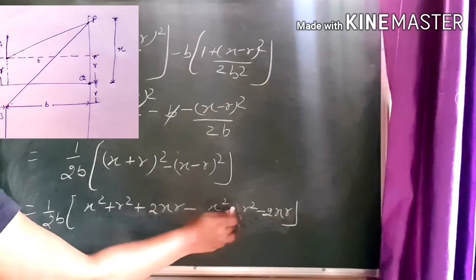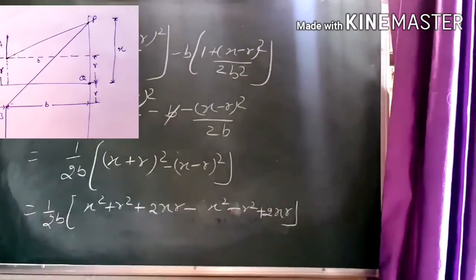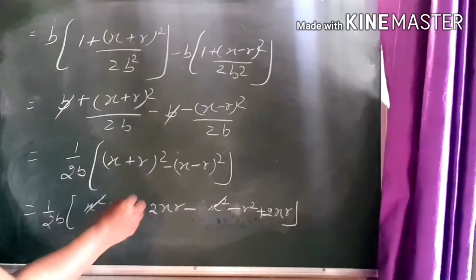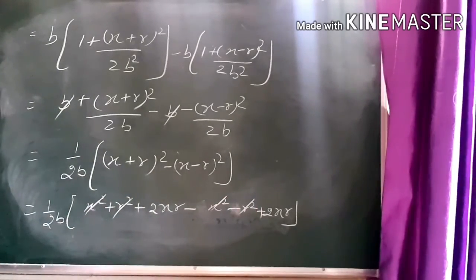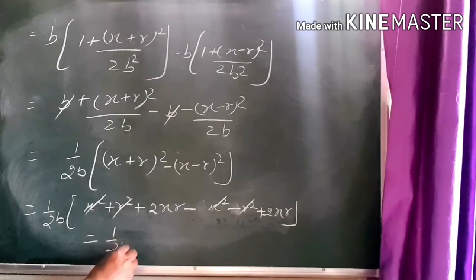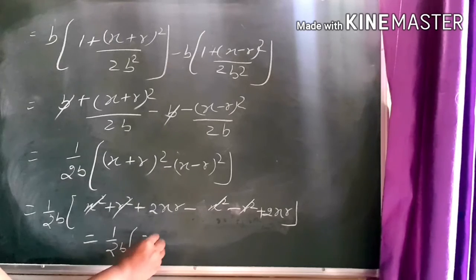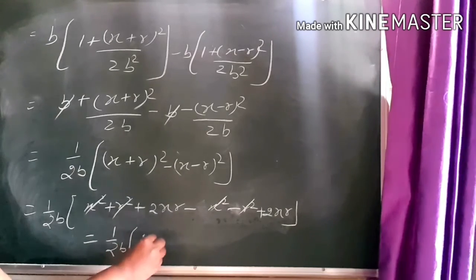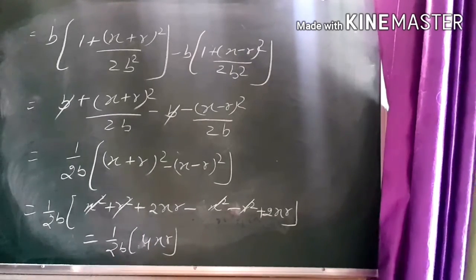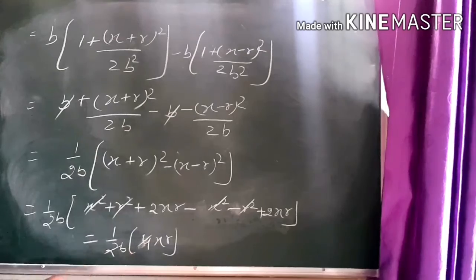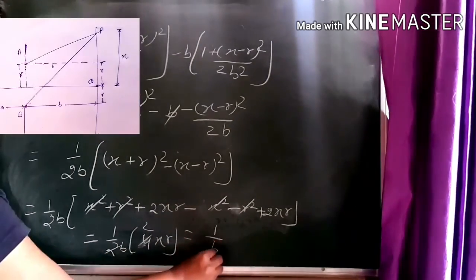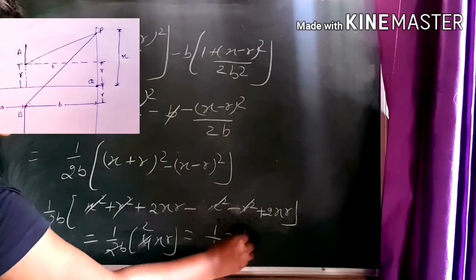Inside signs will be changed: this is minus and this will be plus. x square cancels out, r square also cancels out, and finally we have 1 by 2b into 4xr. 2 will be cancelled out.